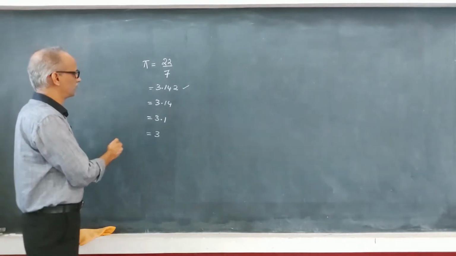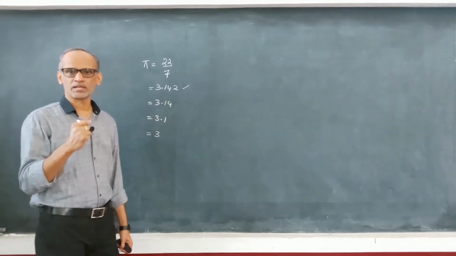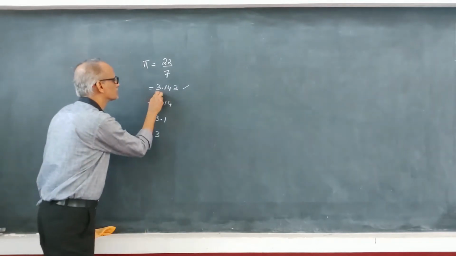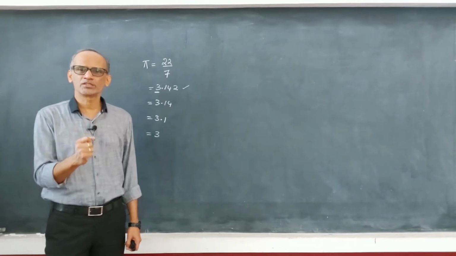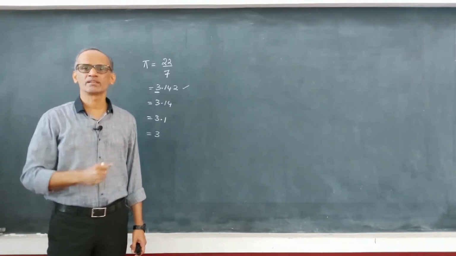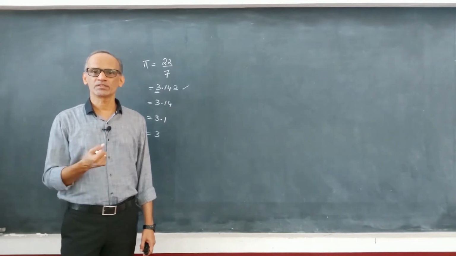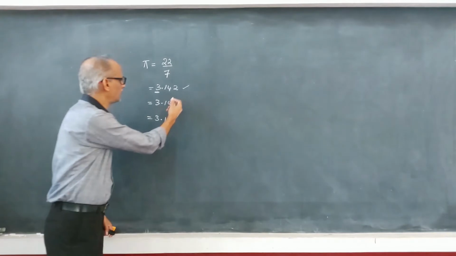Now in this particular number, when I write 3.142, the digit which has more significance is this. In any measurement, the first digit is always more significant, in terms of the measurement, and the digit which is least significant is the last digit, right?